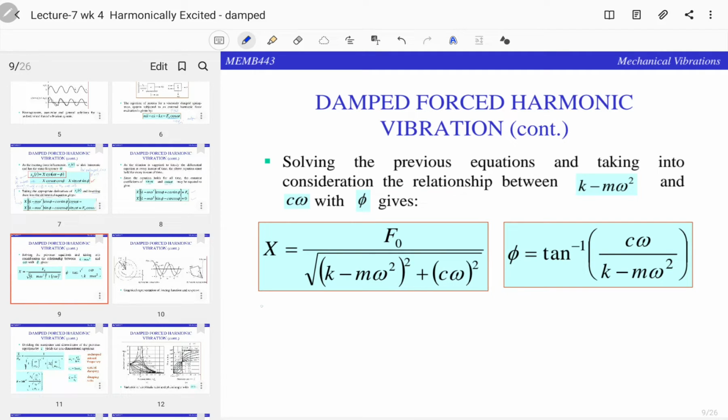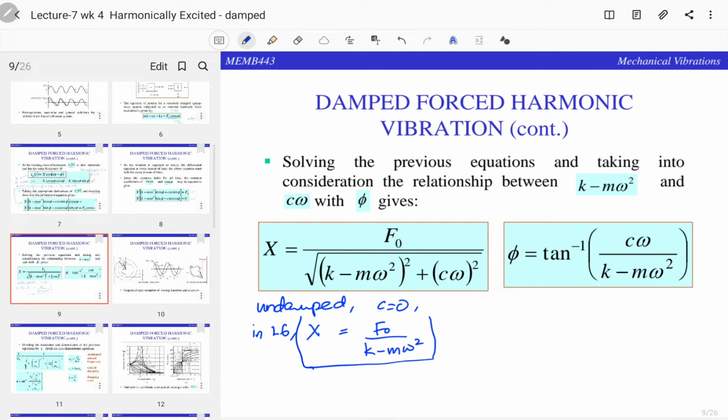Remember that for undamped in the previous lecture you have c equals 0. So in lecture 6, your x is just F naught divided by k minus m omega squared. But here, since c is not equal to 0, if it's damped forced vibration, then you have to use this equation.